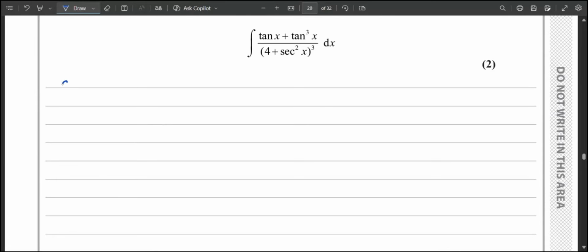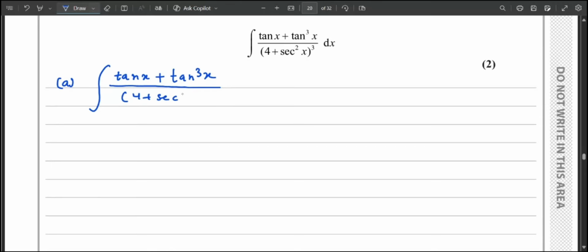So for part A, I will write down the expression given in the question, which is tan x plus tan cube x divided by 4 plus sec square x to the power of 3.